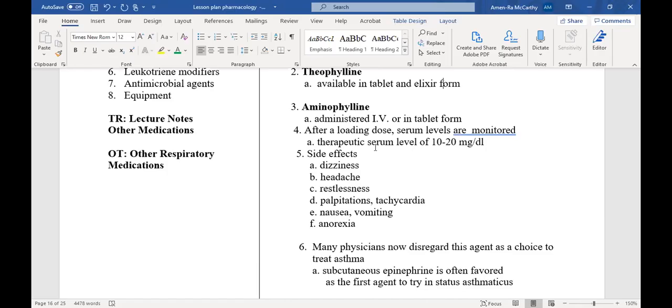So we give you a nice amount first, and then maybe an hour or 2 hours later, we draw blood and see if we can still see the xanthines, and the level needs to be 10 to 20.